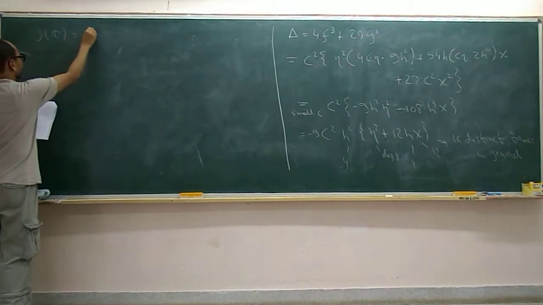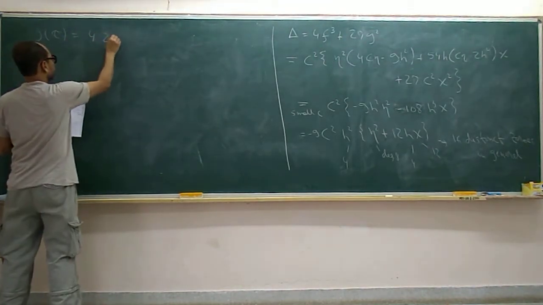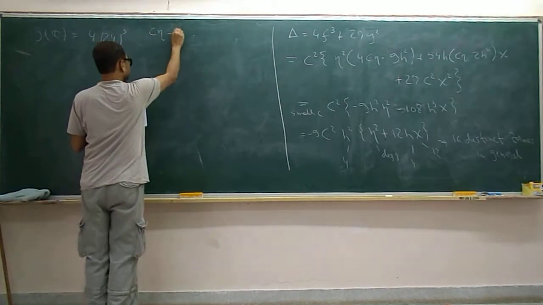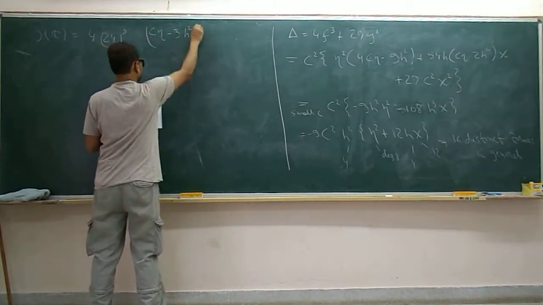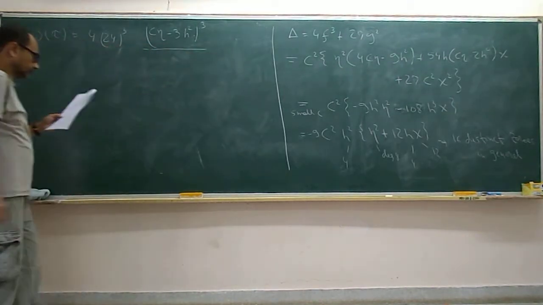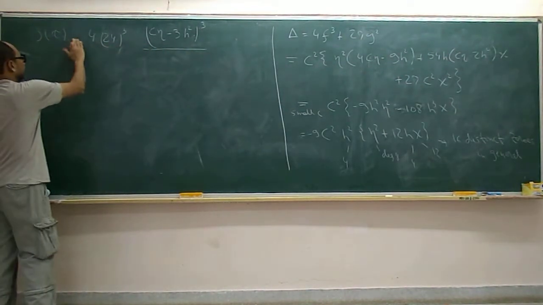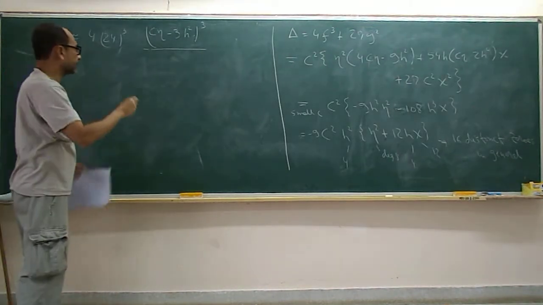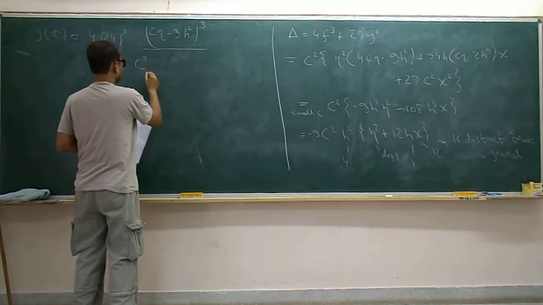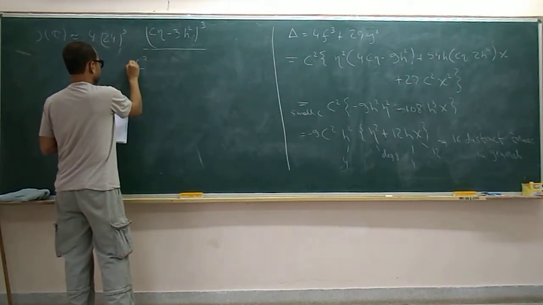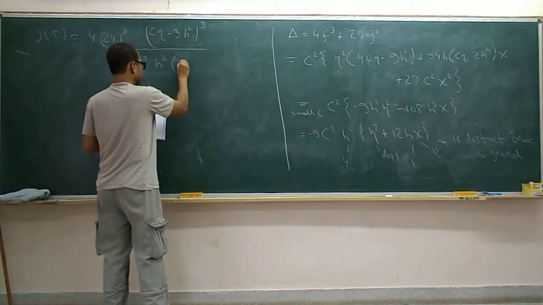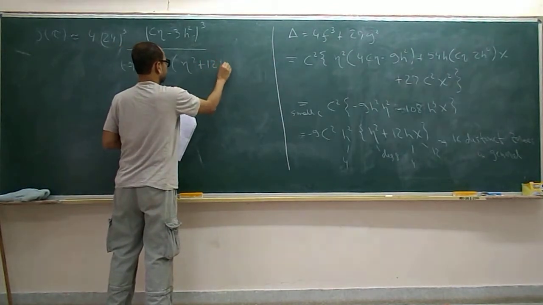So J of tau is 4 times F cubed, and now I'll put the expression for F, c eta minus 3h squared, cubed, over, let me write the approximate sign because we use the approximate form for delta, c squared times minus 9 c squared h squared times eta squared plus 12 h squared.